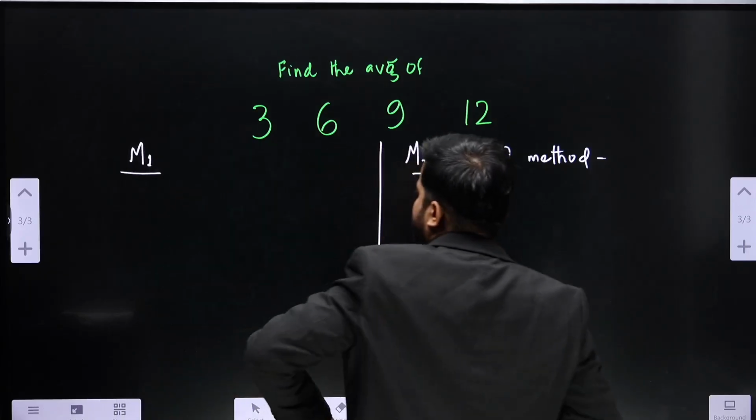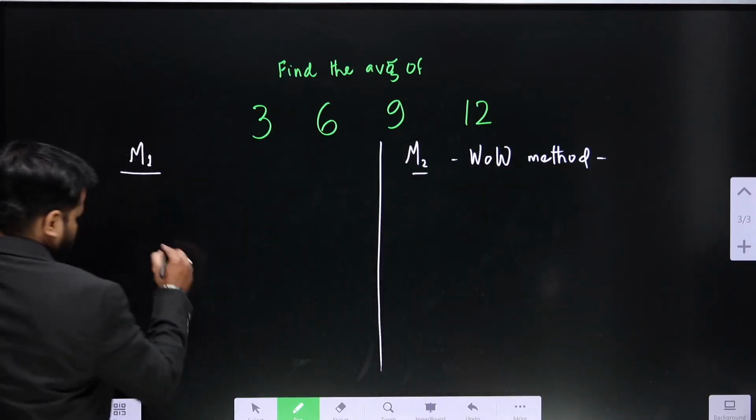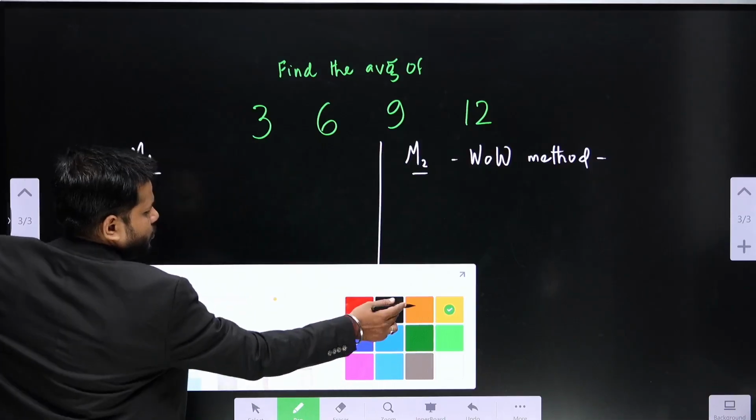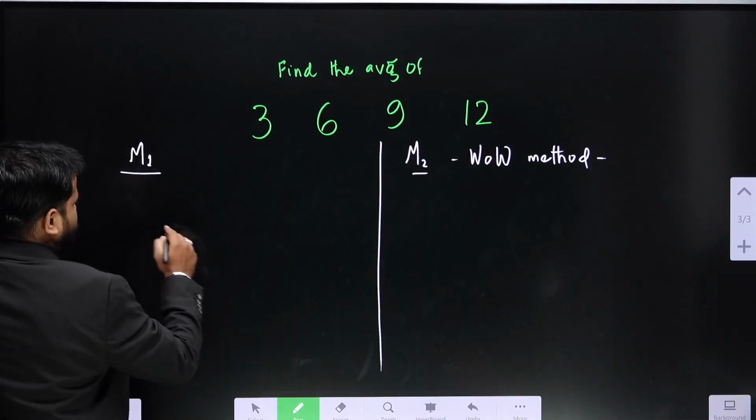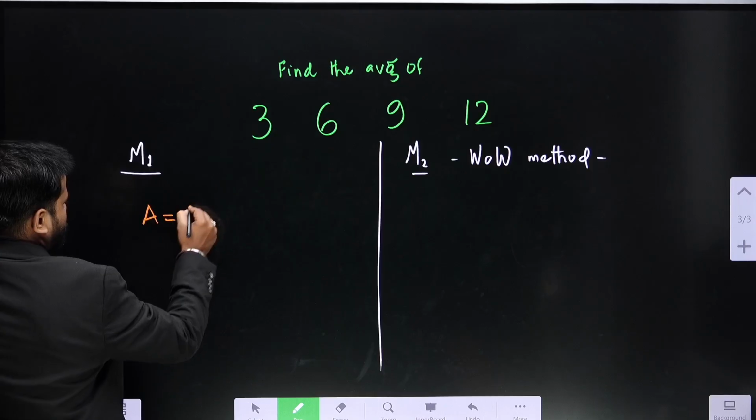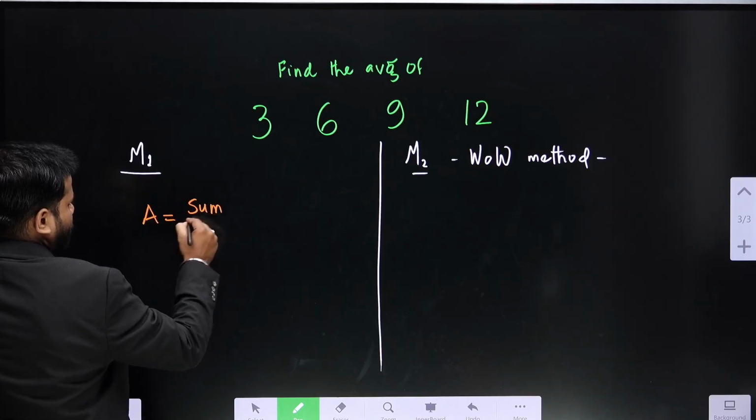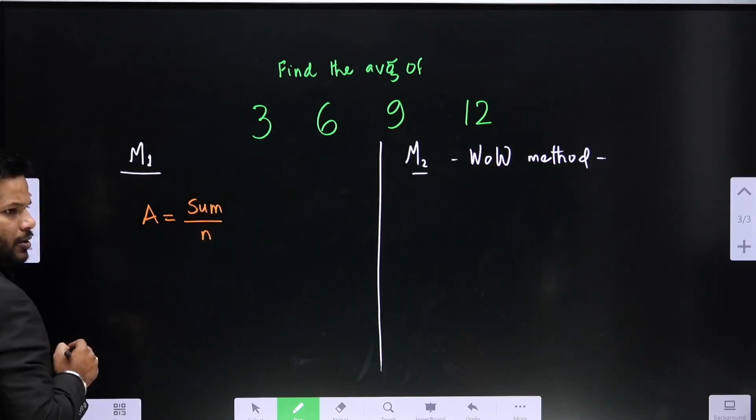Method number 1. What is the method number 1? Average is equals to sum by total number of terms.